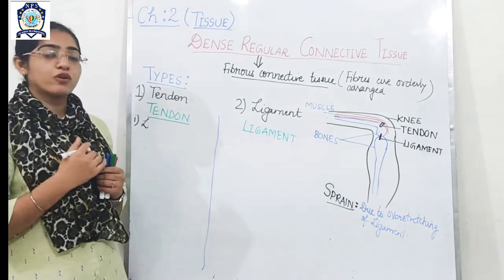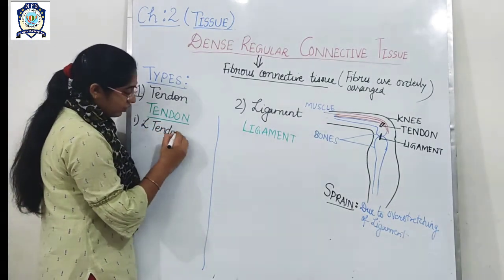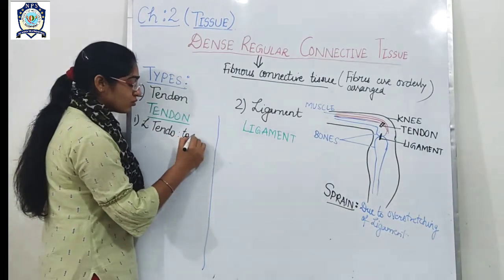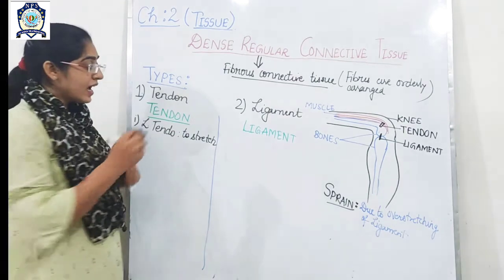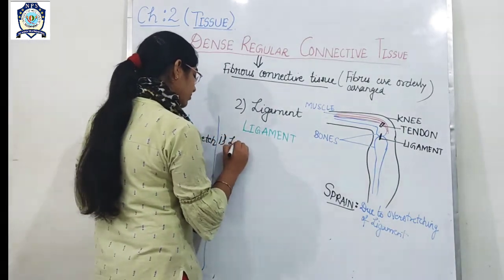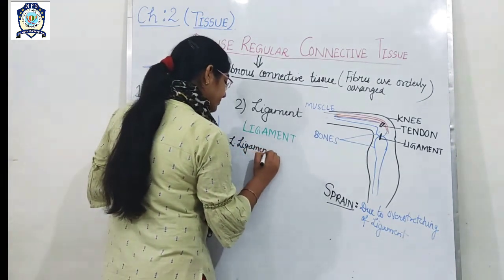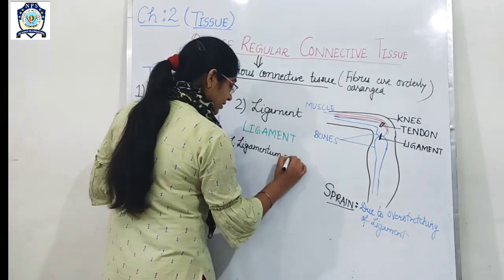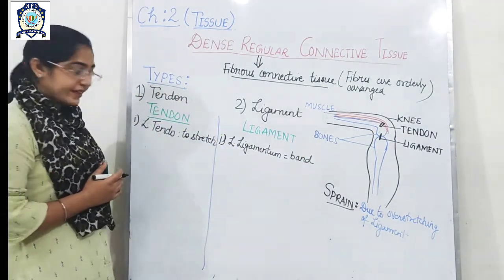It arises from the Latin word tendo. Tendo means to stretch. And ligament also arises from the Latin word ligamentum, which means band. Am I clear?